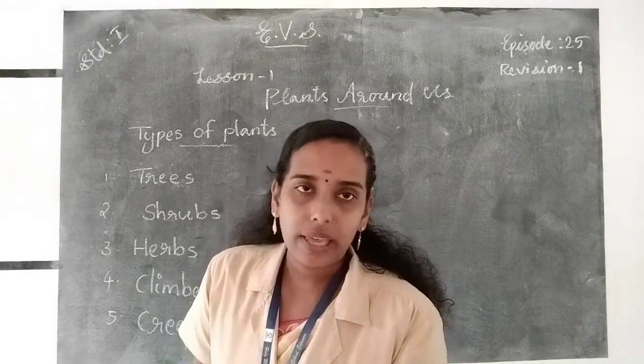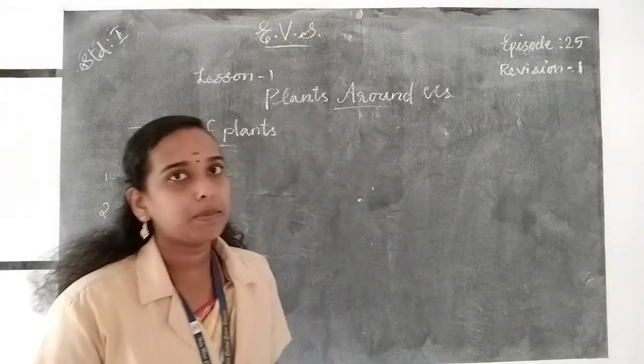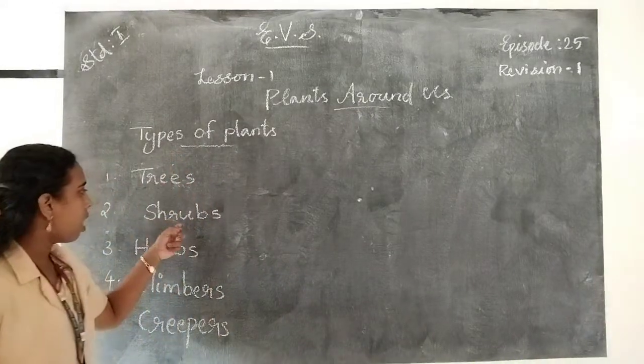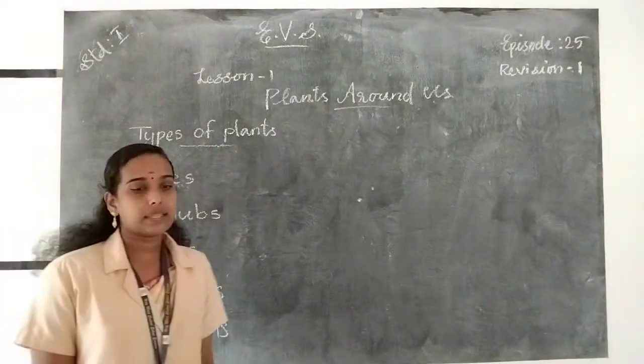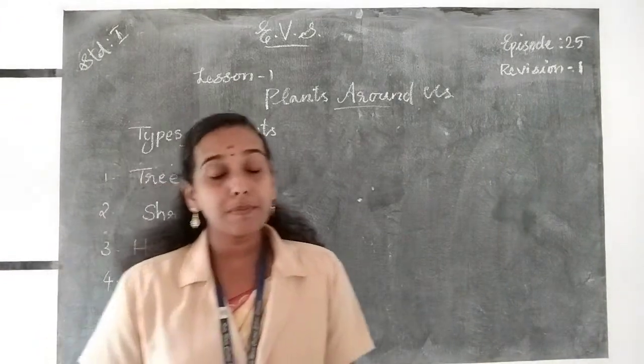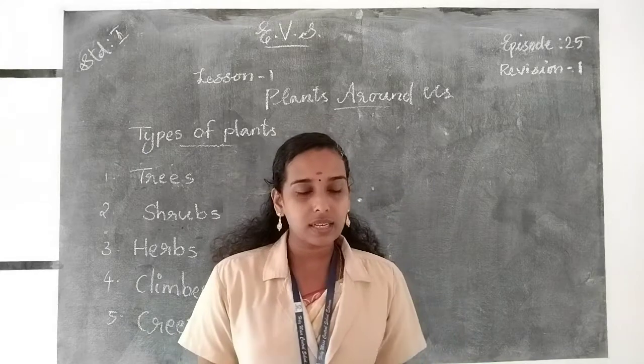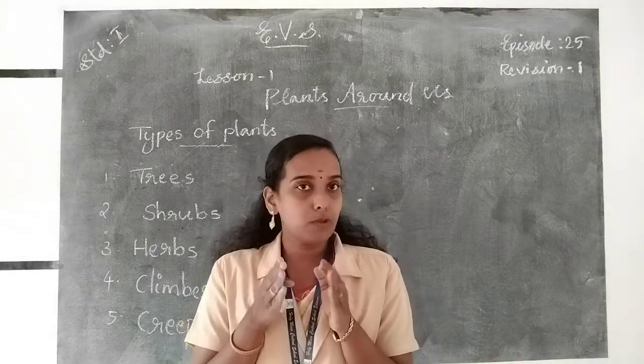Then the second one is shrubs. What are shrubs? Shrubs are plants which are smaller than trees, and they look like bushes.